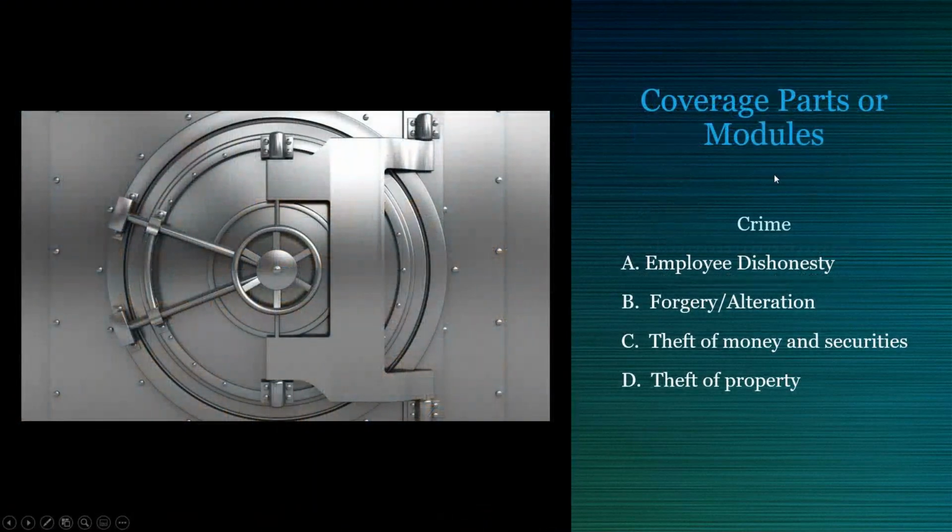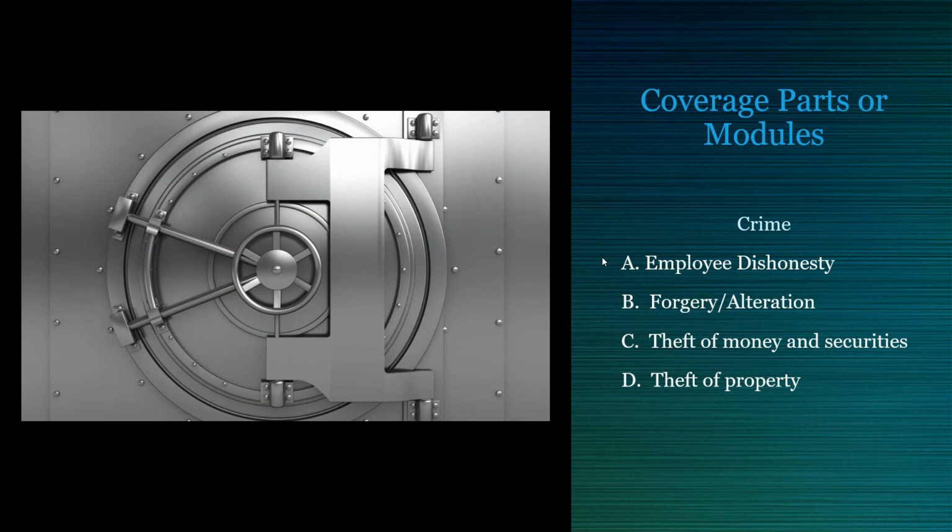For crime coverage, coverage A is if your employees do something wrong. Now, typically, your test does throw a little kink in the system, and it's kind of funny how they do it. All right. So, employee dishonesty would be covered by which of the following? Now, I've got to be honest with you. When you hear employee dishonesty, I want you to think of a fidelity bond. Because a fidelity bond basically is you as an employer buying a bond to protect you in case your employee steals from you.